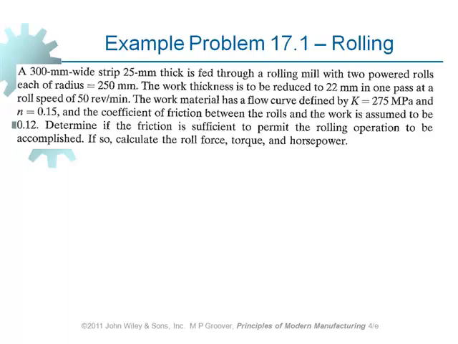From 25 millimeters, thickness is to be reduced to 22 in one pass, not multiple passes. The speed of the roll is also given. K, which is the strength coefficient, is given, and n, which is the strain hardening exponent, is also given.